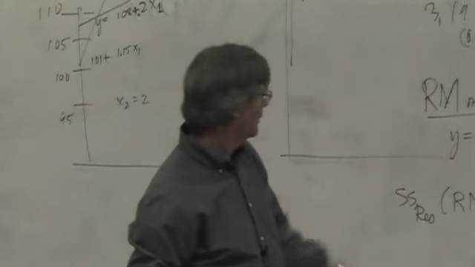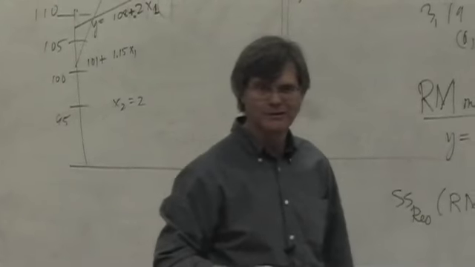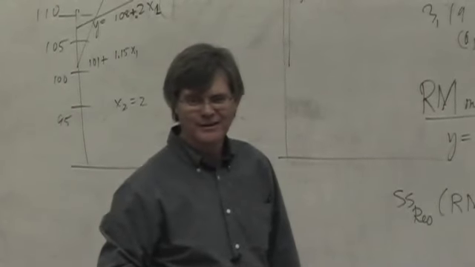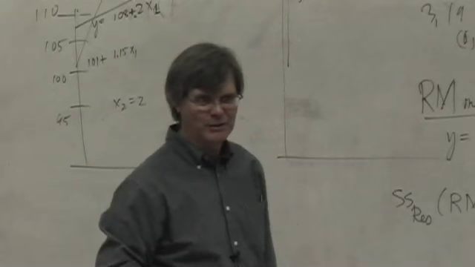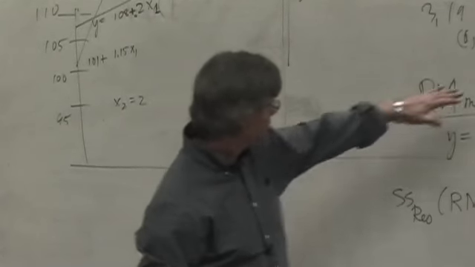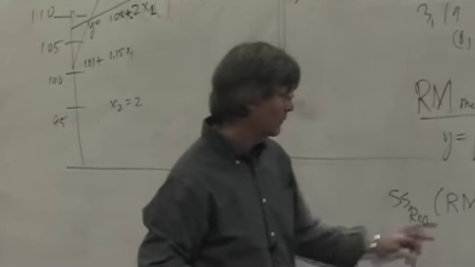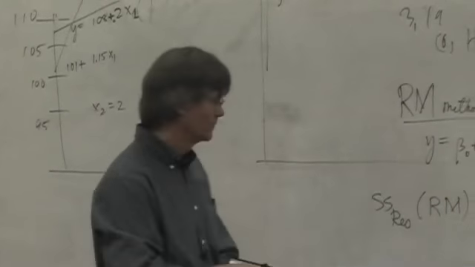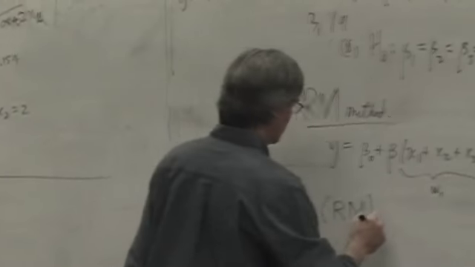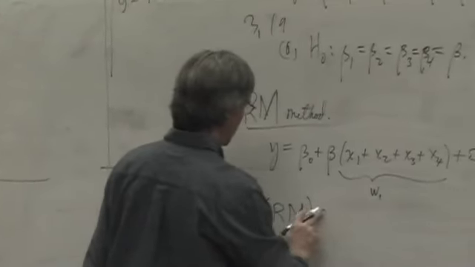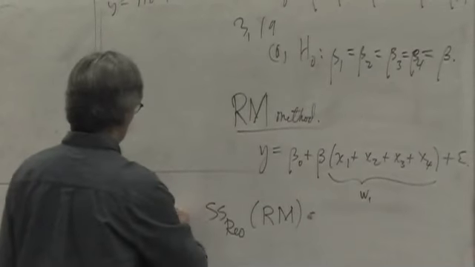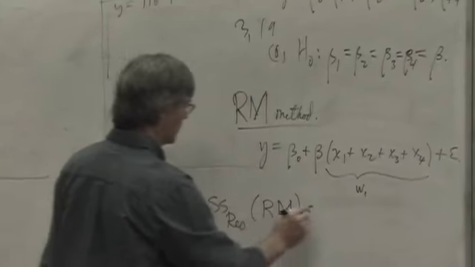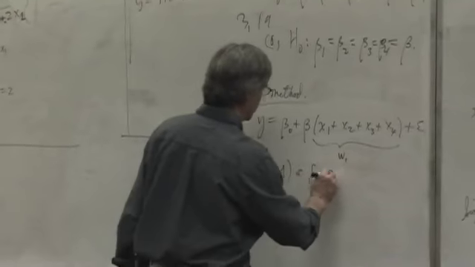But here, you're restricted as to how you can approximate the data. There's a restriction. You only have one regressor now. SS-res of the reduced model equals, calculate this accordingly, SS-res for simple linear regression.